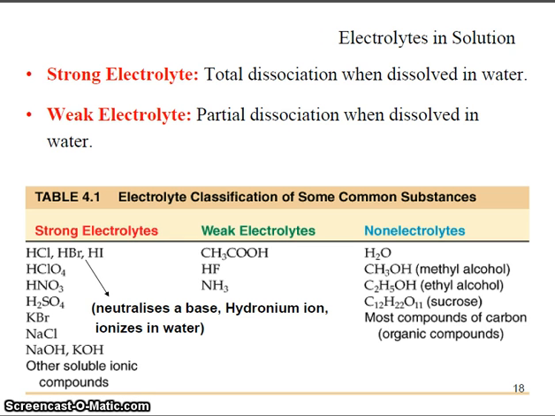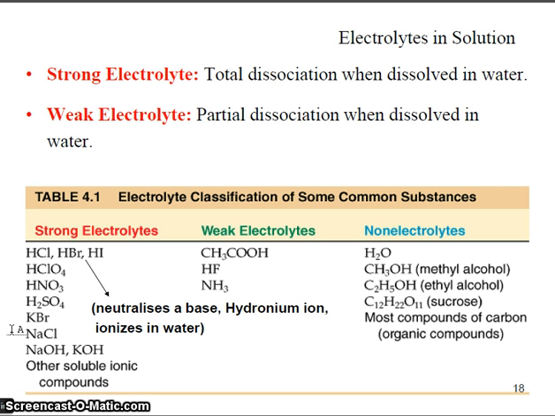So strong acids will be those which are strong electrolytes also. So something like HBr, HCl, HI, perchloric acid, sulfuric acid, these are all good strong acids, and good strong bases would be like the metal hydroxides. Of course, the ionic solids which are soluble like KCl, NaCl, these are all strong electrolytes as well.